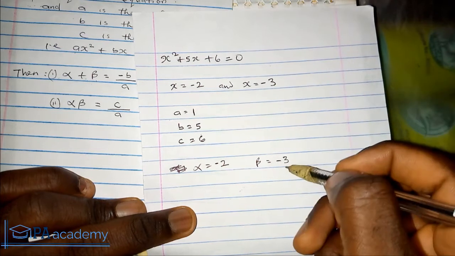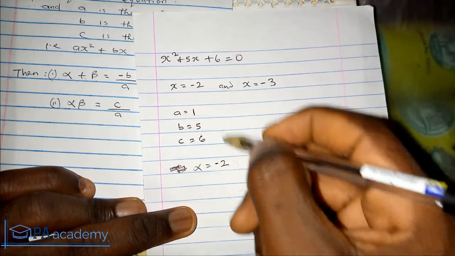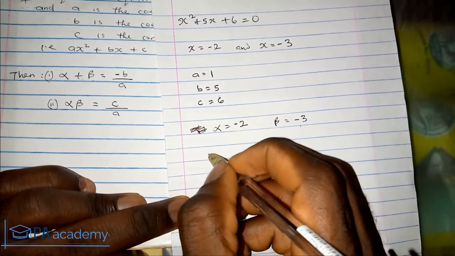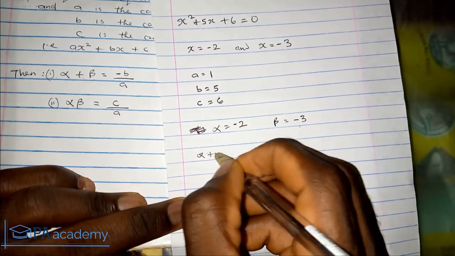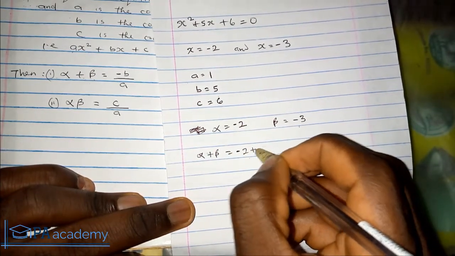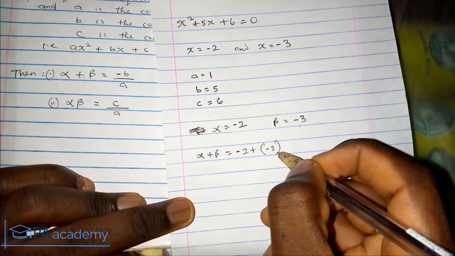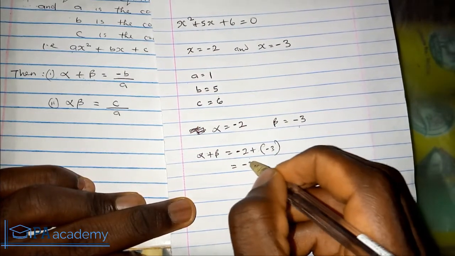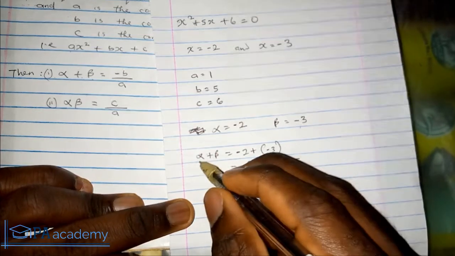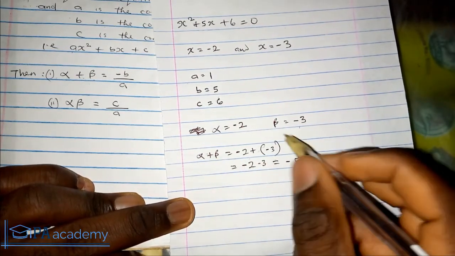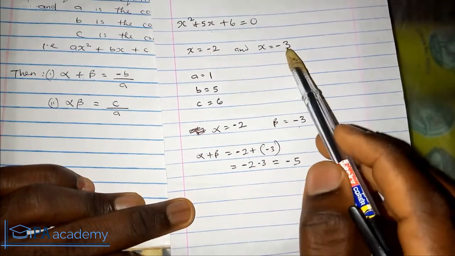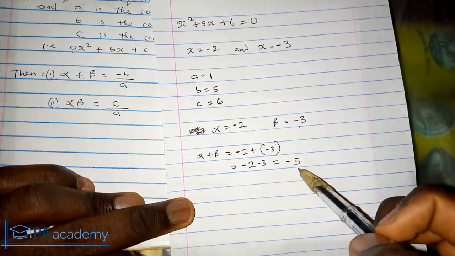So alpha plus beta will equal -2 plus -3, which is -2 minus 3, and that is equal to -5. So alpha plus beta is -5. That's the addition of these two roots of this quadratic equation.